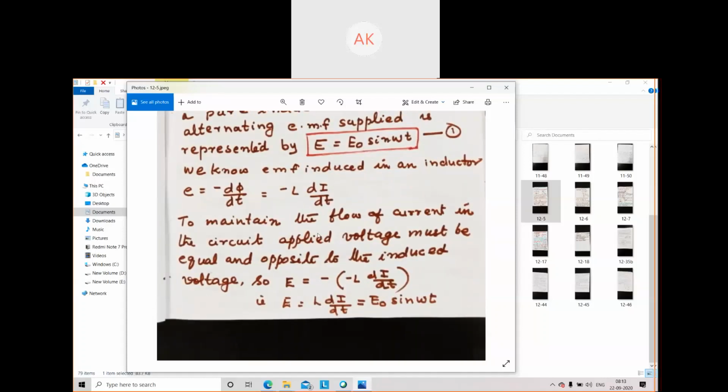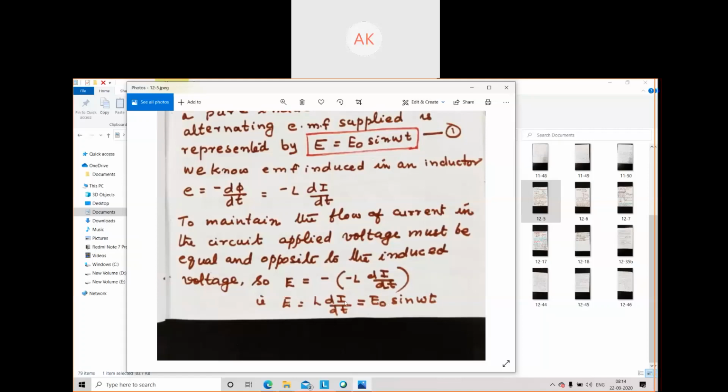That should at least be there, then only we can maintain current in the circuit. So the applied EMF, the negative of the back EMF, is equal to plus L into di by dt. And we know the equation for applied EMF is E0 sin omega t.